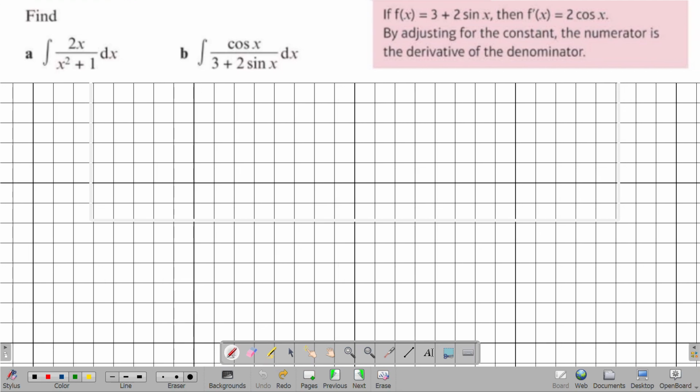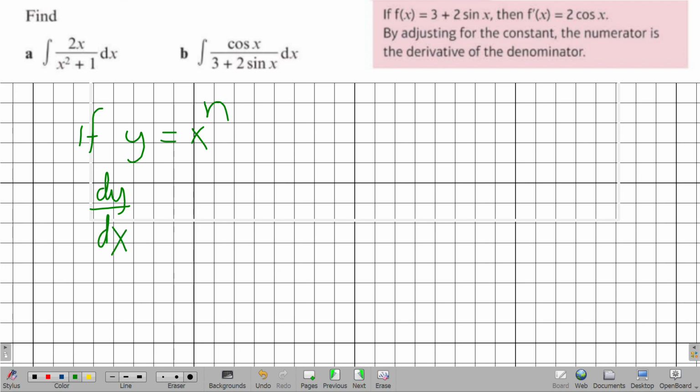We said if y is equal to x to the power of n, the rule of differentiation, which can be proved using first principles, says dy over dx is equal to n x to the power of n minus 1. So that's the rule of differentiation.